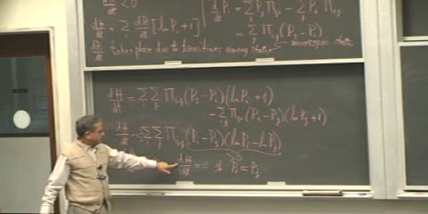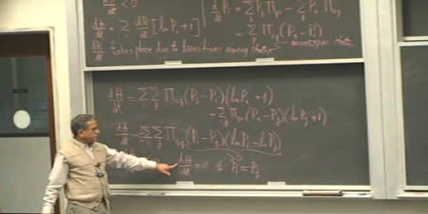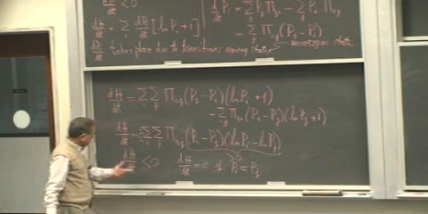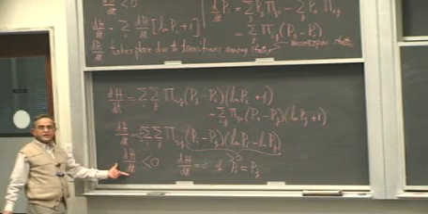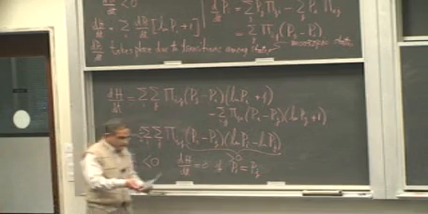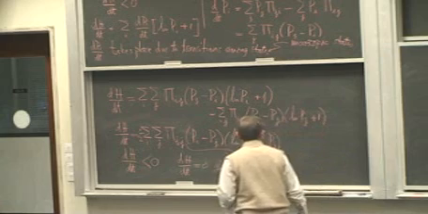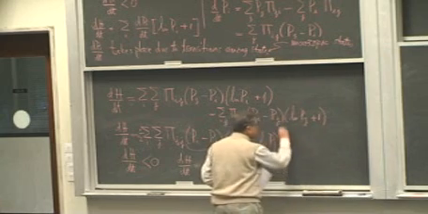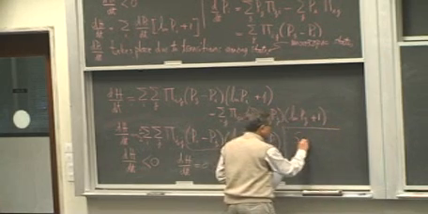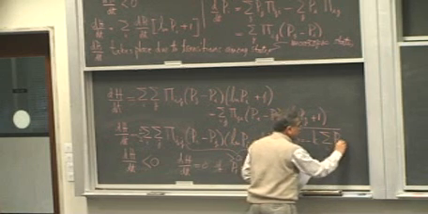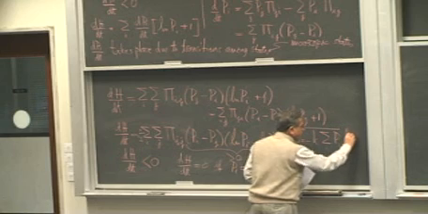dH by dt will be equal to 0 if Pi is equal to Pj. Otherwise dH by dt is a negative quantity, and we relate this to our function entropy. We had said that entropy is equal to minus k summation over i Pi log Pi.